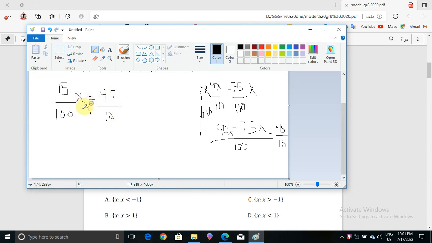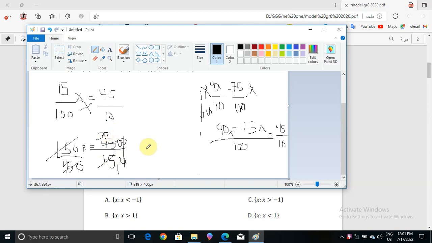Then we will crisscross, it will be 150x, which is equal to 4,500. Then both sides divided by 150. Then cut 150 by 150 and 0 by 0. Then we'll find here 450 over 15, which is by 1, and here by 30.